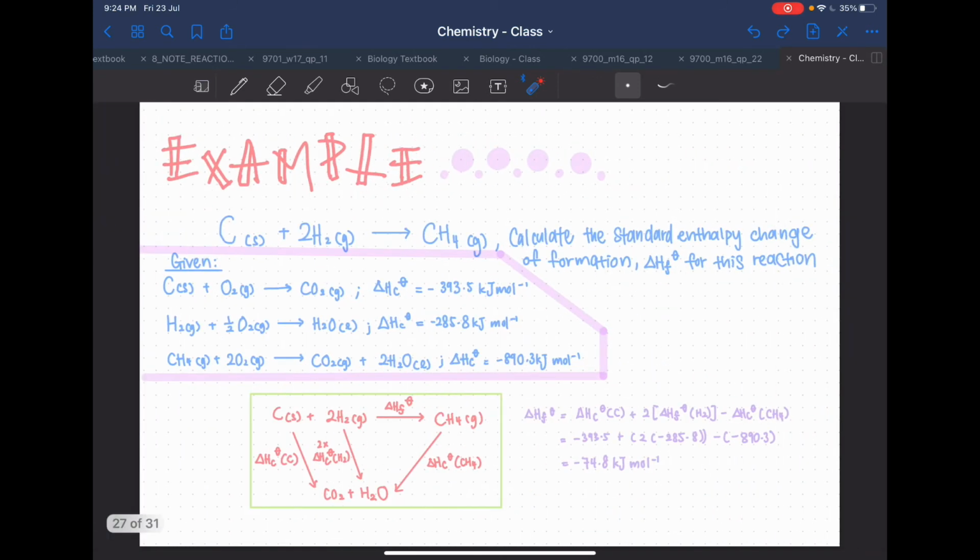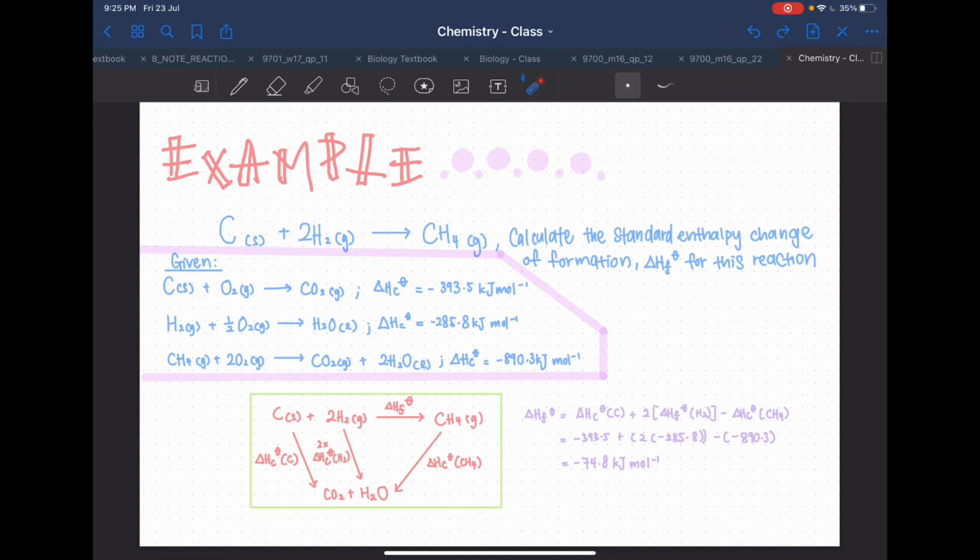So next is an example. Calculate the standard enthalpy change of formation of this, and we are given the standard enthalpy changes of combustion. I'll just say enthalpy change of combustion because it's too long. We are given the enthalpy change of combustion of carbon, of hydrogen, and of methane, and these are all the reactants and products of the chemical equation that we need to find the enthalpy change of formation for, which is the enthalpy change of formation of methane.